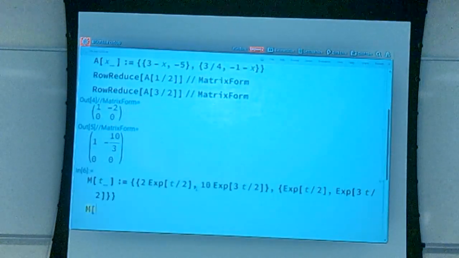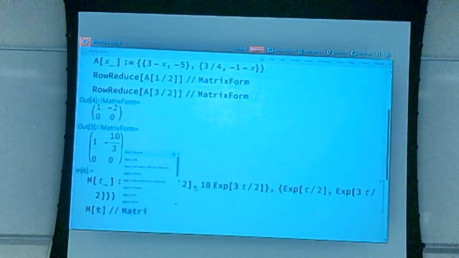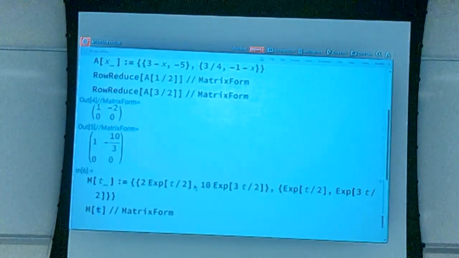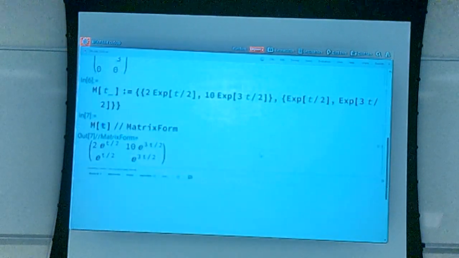And what I'll do is, that would be your fundamental matrix.